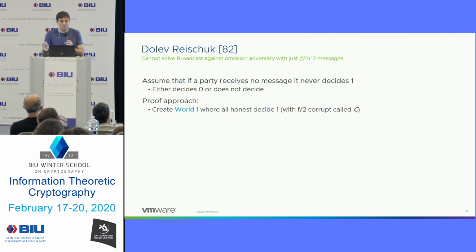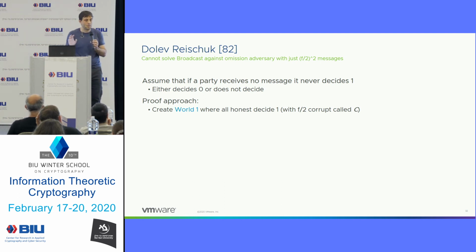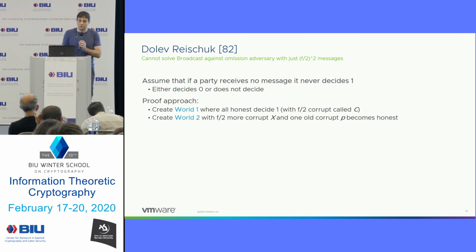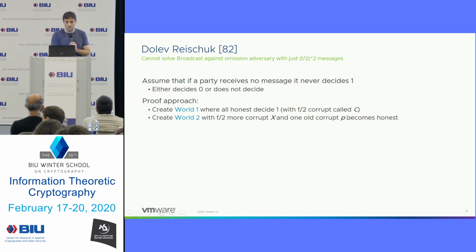In the first world, everybody is going to decide 1, and we're going to have a set of f/2 parties that are corrupt, which we'll call C. In the second world, we're going to corrupt f/2 additional parties. And one of those parties that we corrupted in C, we're going to change back to become honest. So we're going to add f/2 more corruptions, but take one party that we previously corrupted and make it honest.